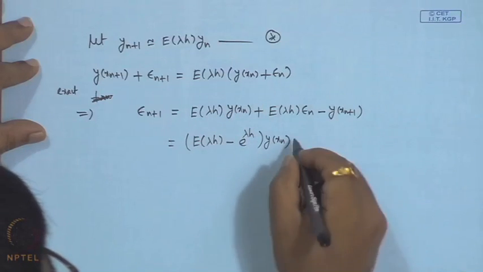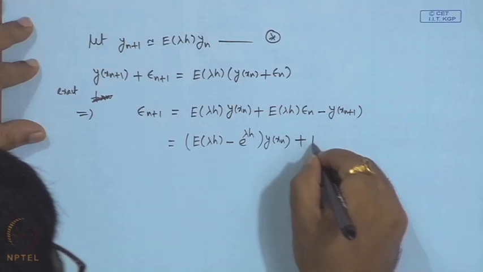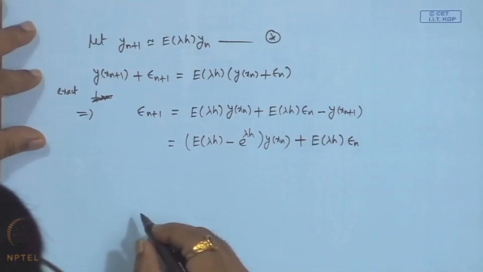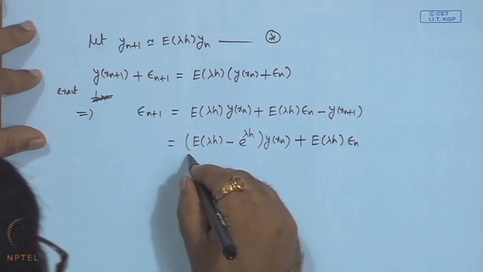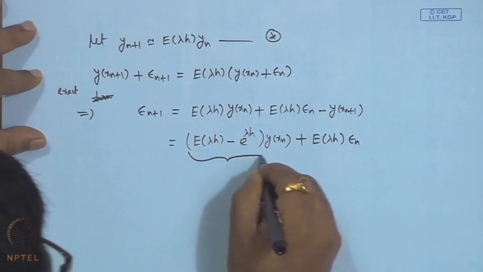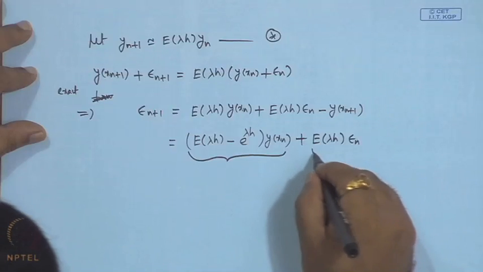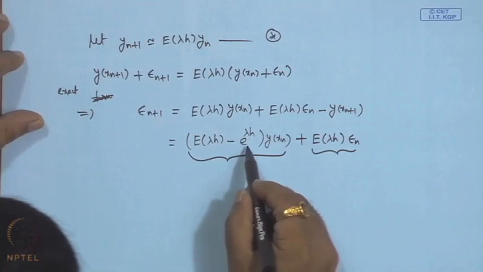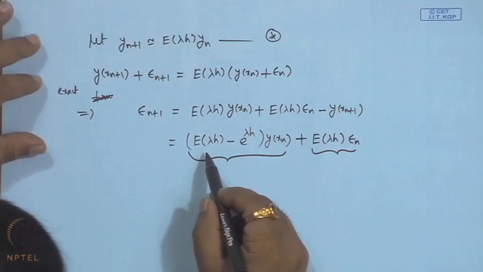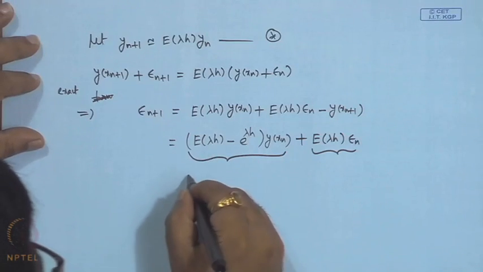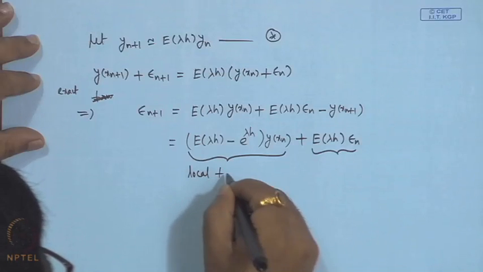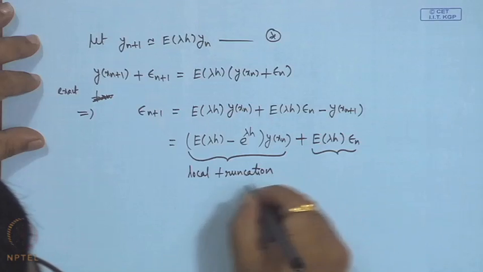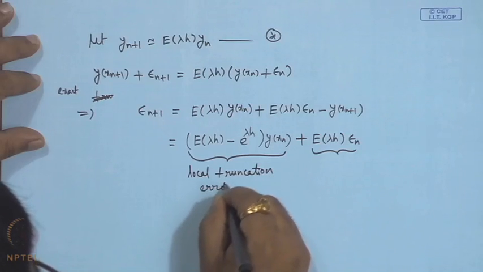So, we take common plus... Okay. So, now what does this tell? This is exact, but this is the approximation, right. So, this is nothing but local truncation error.